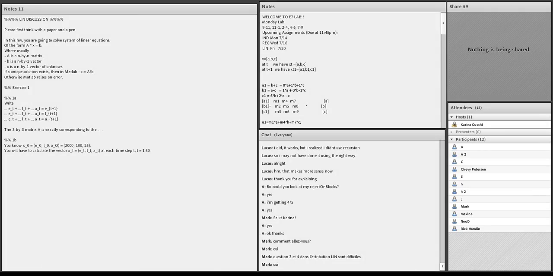E at time 0, the number of eggs, is 2000, the number of larvae is 100, and the number of adults is 25. Basically you'll have to calculate the vector for each time step, and for that, of course, you'll have to use the matrix A.